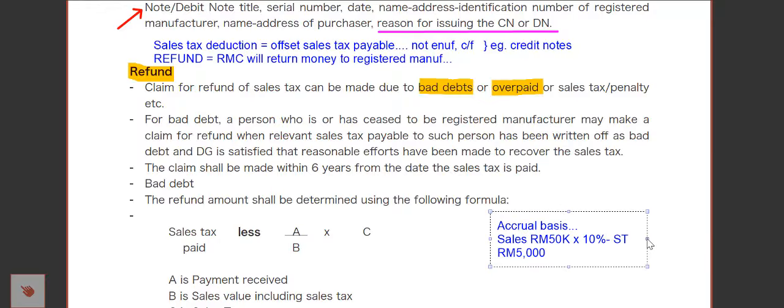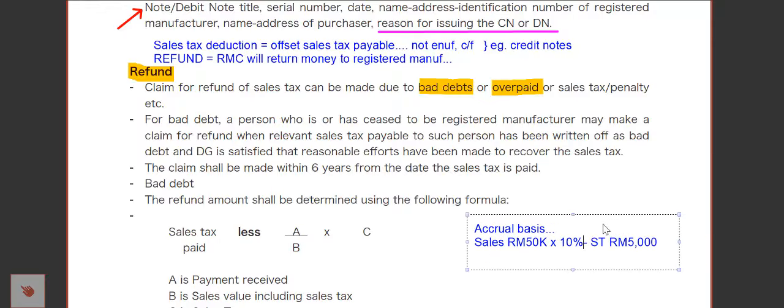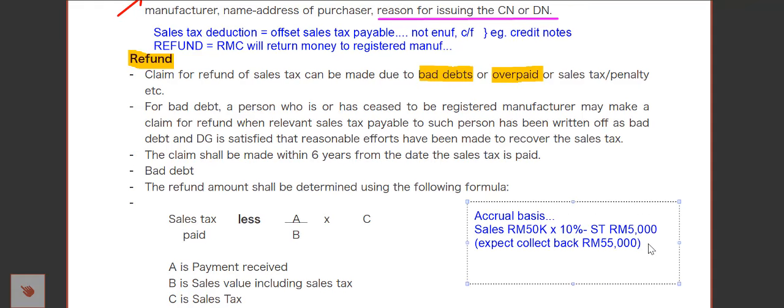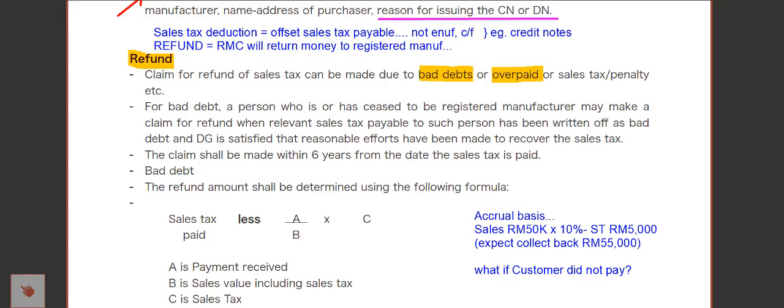That means you expect to collect back 55,000 from your customers, because 50 plus 5. Now what if your customer did not pay? If your customers didn't pay you, you're not just losing the 50,000, you're also losing the 5,000 that you have paid to the customs.